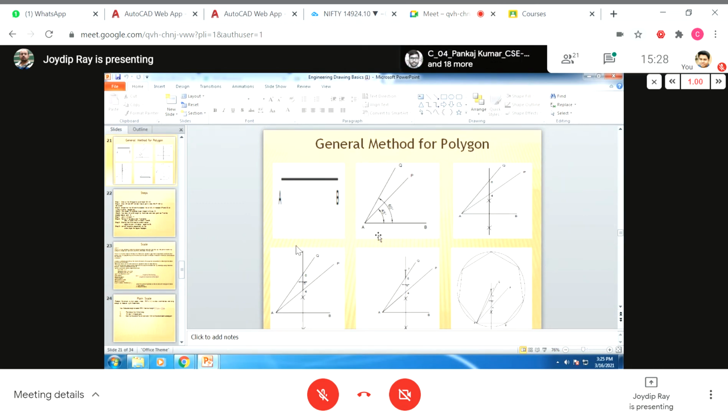After each and every class, students may go through the problem. That means they have to draw the drawing by themselves. It will be helpful because whatever we show them, they must do by themselves.